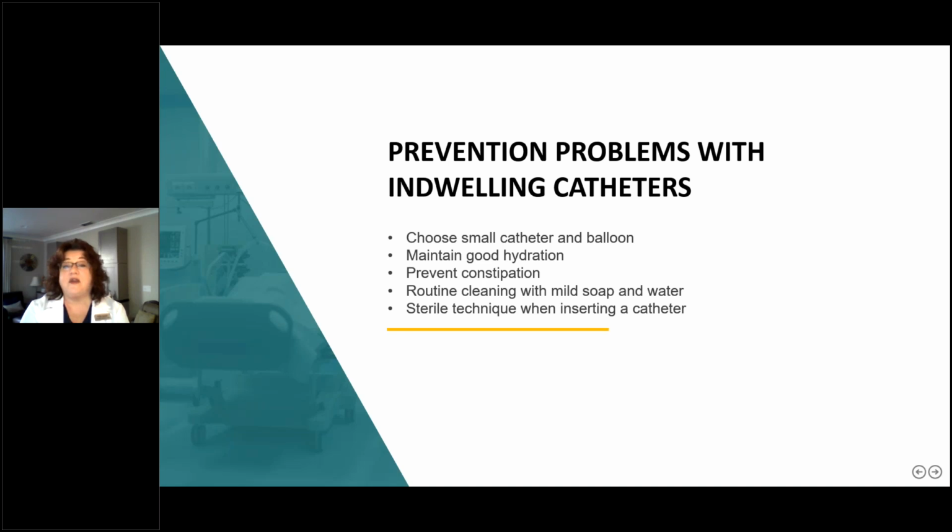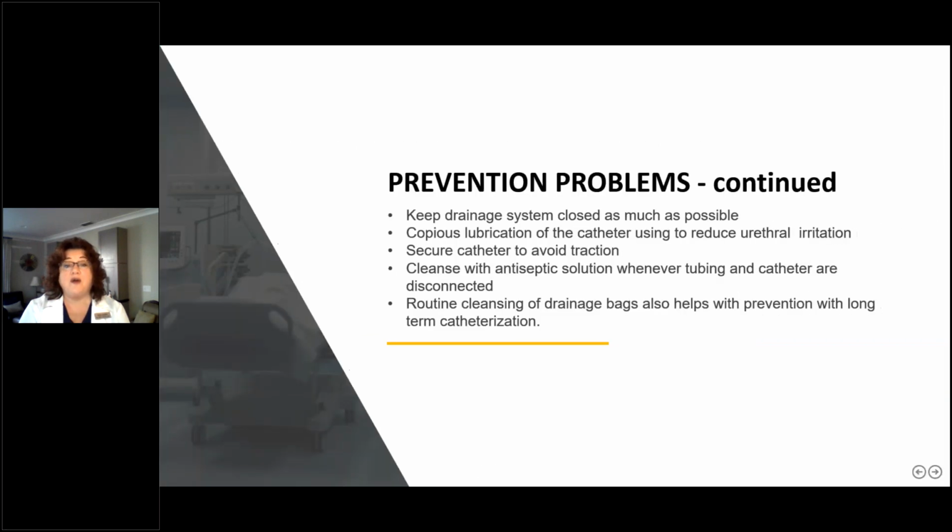These are the things that we need to do to prevent any problems. We also need to keep a drainage system closed as much as possible. And, you know, copious lubrication of the catheter, if you're going to reduce the irritation, you want to use a lot of lubrication when you're putting the indwelling catheter in.